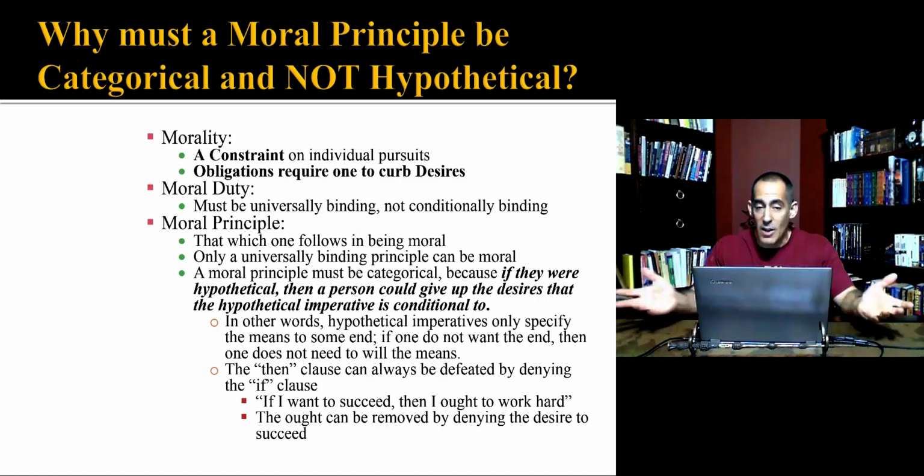It just follows. Because if they were hypothetical, here's the problem. A person could give up the desires that the hypothetical imperative is conditional to. Right? If I want to succeed, then I ought to work hard. It's only binding as long as that desire remains in place, and if I give up the desire to succeed, then the ought goes with it. All right? So again, it takes into consideration desires, problem number 1.